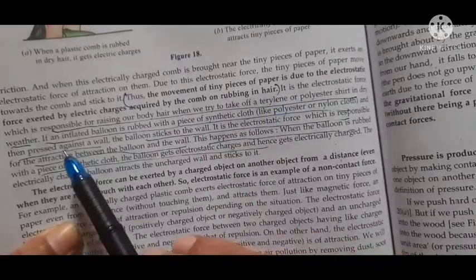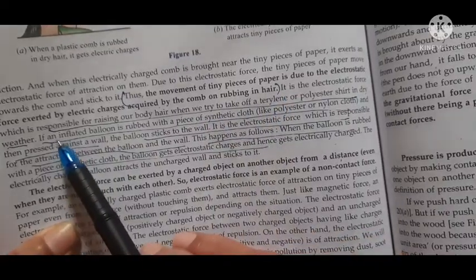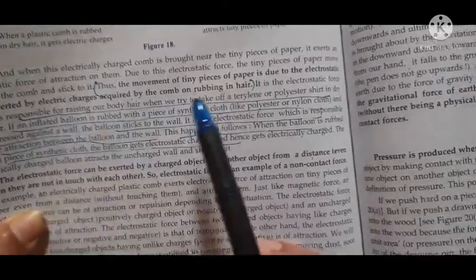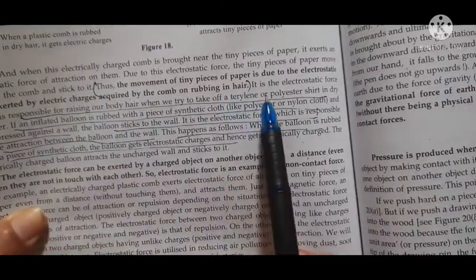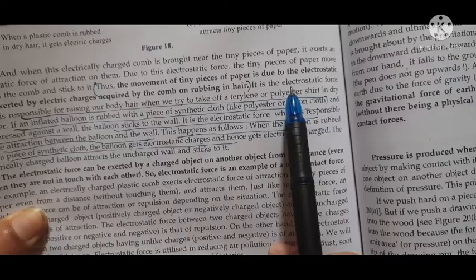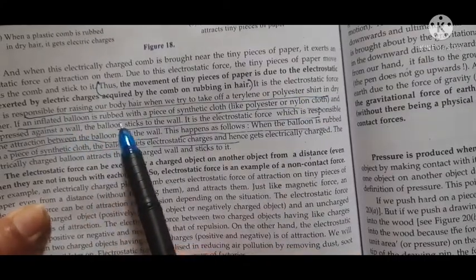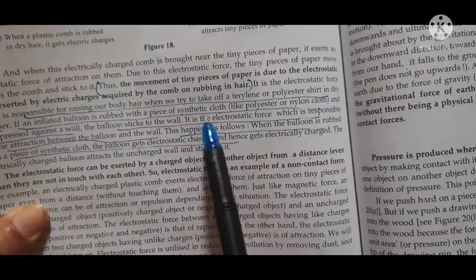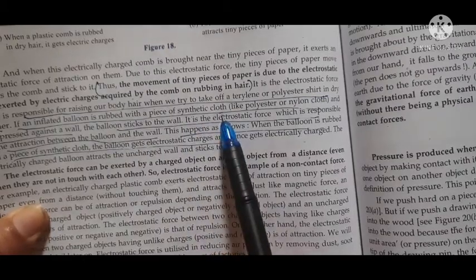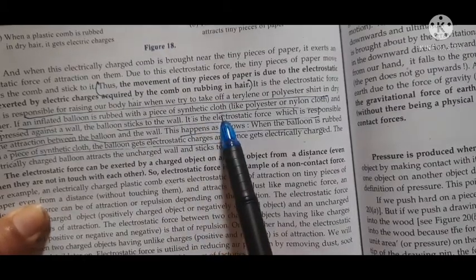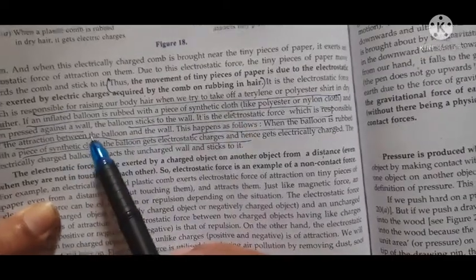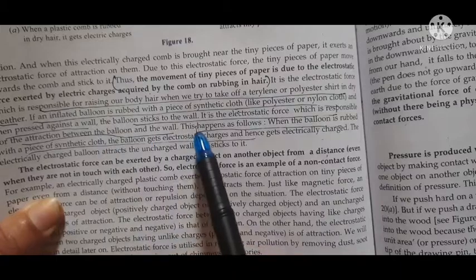Now students, you must have seen this. If an inflated balloon is rubbed with a piece of synthetic cloth and then pressed against the wall, the balloon will cling to the wall.